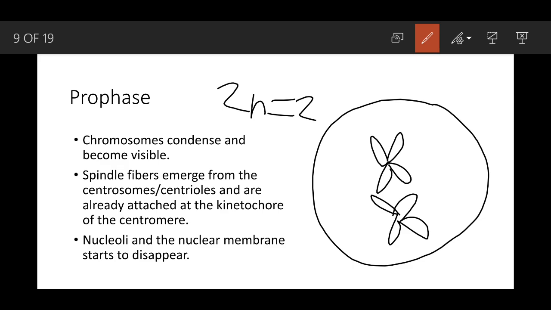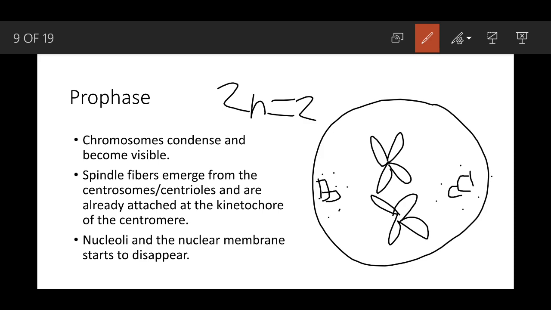And then, you have the spindle fibers emerging from the centrosomes or centrioles. Now, what's the difference between centrosomes and centrioles? Centrosomes are made up of 2 centrioles. So, you have your centrioles here, 2 centrioles. Again, sorry for my drawing. This is how you draw a centriole.